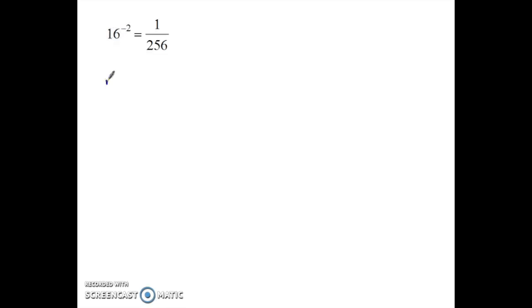Log base 16, because again, the base of our exponent is 16, is equal to the exponent, in this case -2, and we're taking that of the expression 1 over 256. So hopefully, again, you were able to get this answer, and we're going to move on, making good time so far.